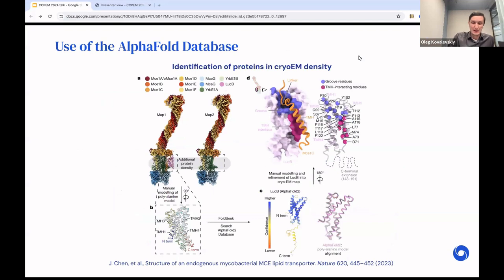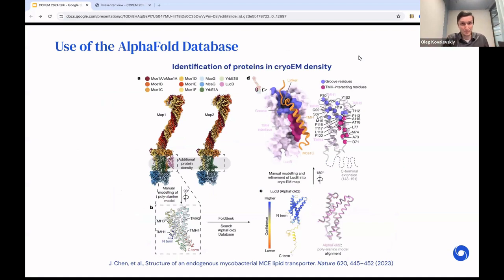For example, structural search to identify unknown proteins observed in the experimental data. In this work, cryo-EM density maps of the mycobacterial lipid transporter revealed a previously unknown subunit of the complex in sufficient detail to build a polyalanine model of the protein. There was a cryo-EM reconstruction, and clearly another protein was bound, and researchers had no idea what the protein was.